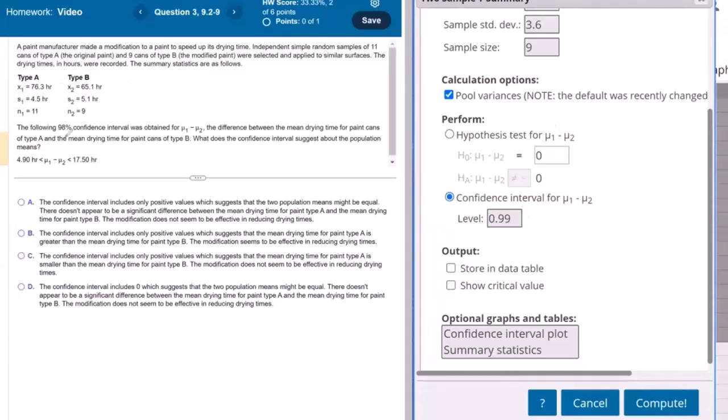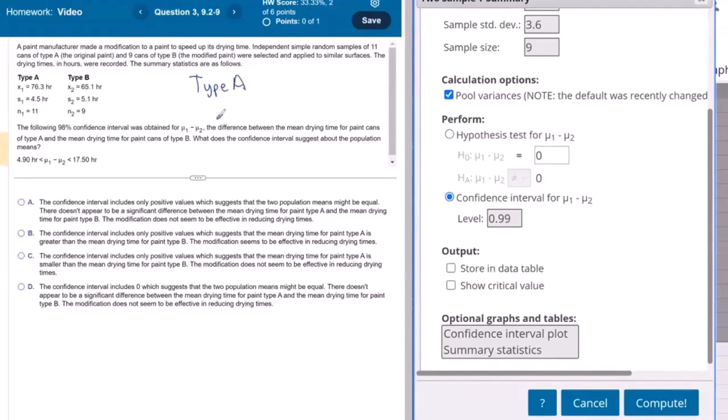The following 98% confidence interval was obtained for mu1 minus mu2, the difference between the mean drying time for paint can type A and the mean drying time for paint can type B. What does the confidence interval suggest? Now, we're not being asked to actually find the confidence interval. We're given the confidence interval and we want to know what it's saying.